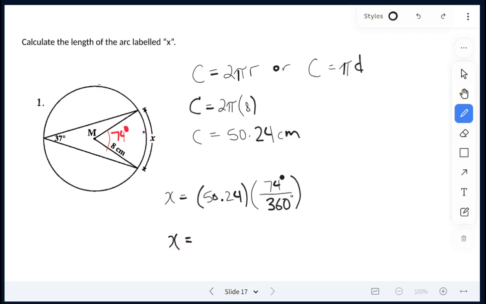And that will give us our arc length. All right, so we just have to multiply that out, and that will give me 10.327 centimeters.